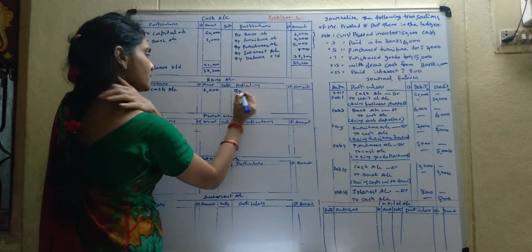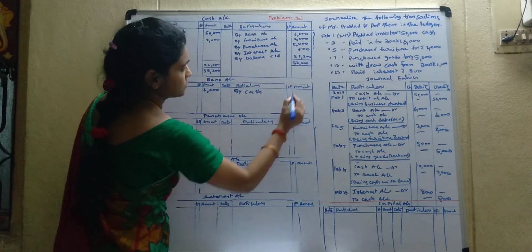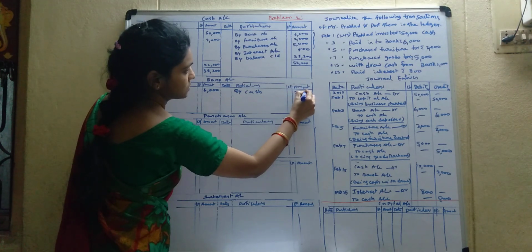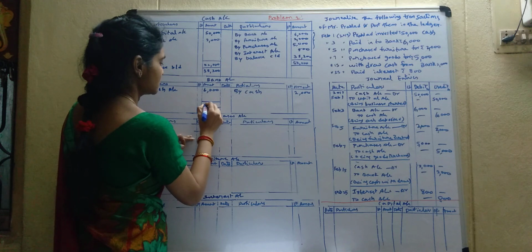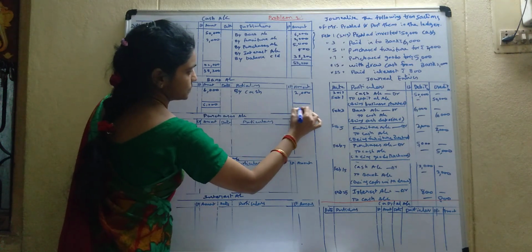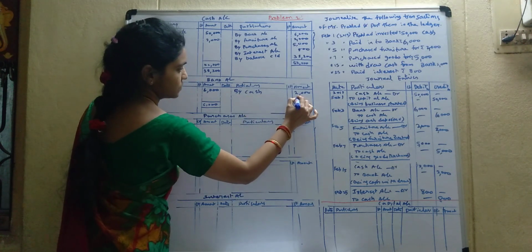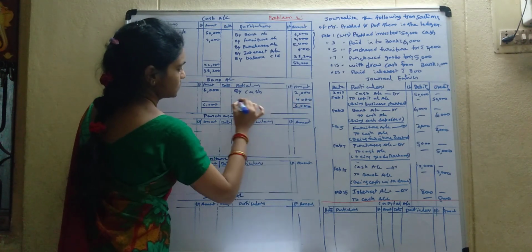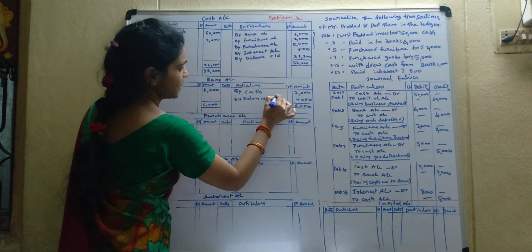By cash, 2,000. Total 6,000. Okay. 4,000 by balance carried down.